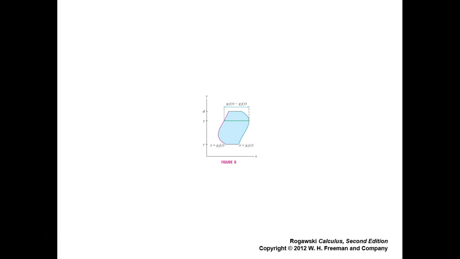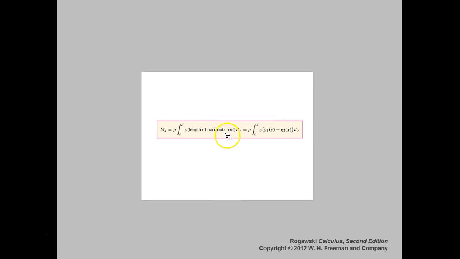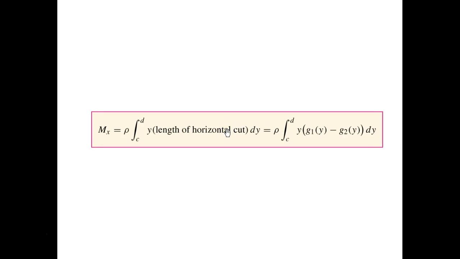So your function here now, the moment with respect to the x-axis, which is your distance y, looks just like the ones with y, except again, in your book, this is a delta here and a delta there, not a rho.